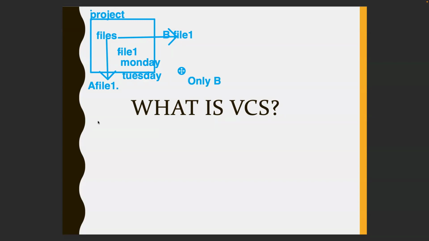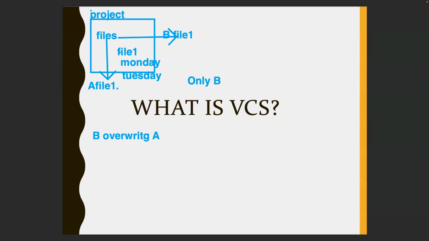Because what is happening here? Person B's changes are overwriting person A's changes, correct? Whatever changes person A kept on Monday were overwritten by person B's changes, because they both got the file at the same time from the remote location. So B doesn't have the changes of person A. Obviously, when he put it back, these changes will overwrite it, right?